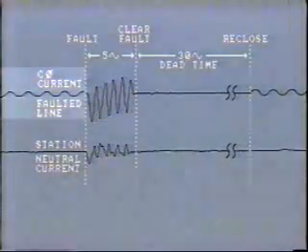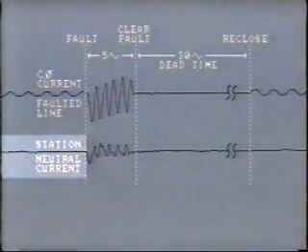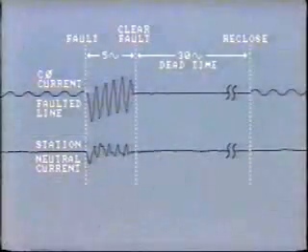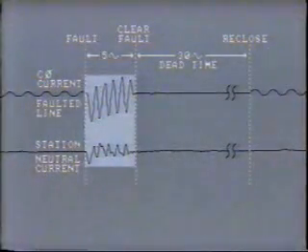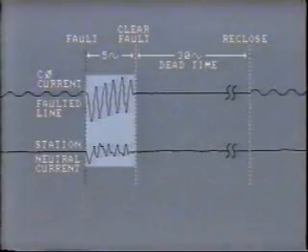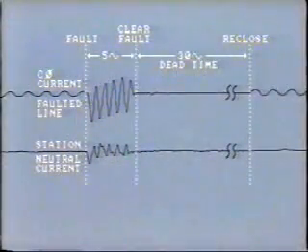Just prior to the fault, normal load current flows in C phase of the line, and the station neutral current is close to zero. When the fault occurs, both phase current and neutral current increase dramatically, as we would expect. After about 5 cycles, breaker number 1, protecting the faulted line, trips to clear the fault.